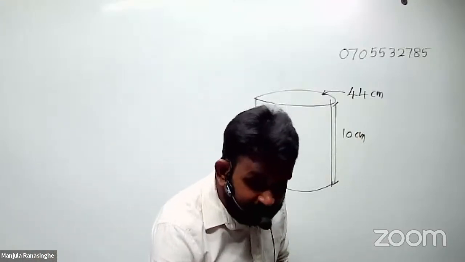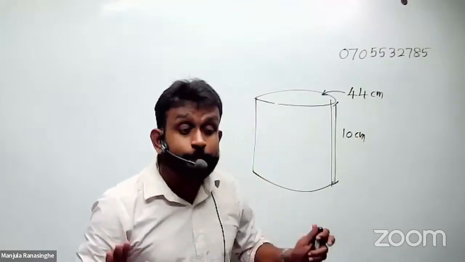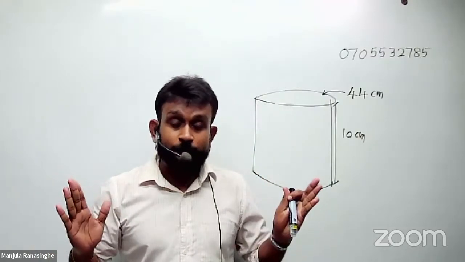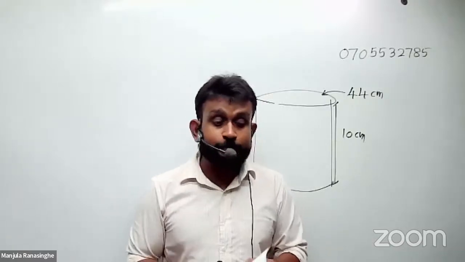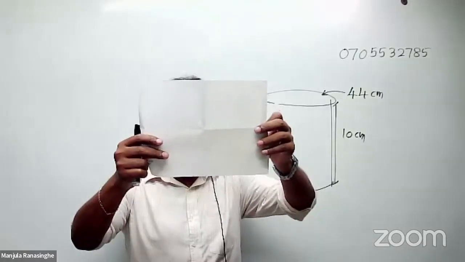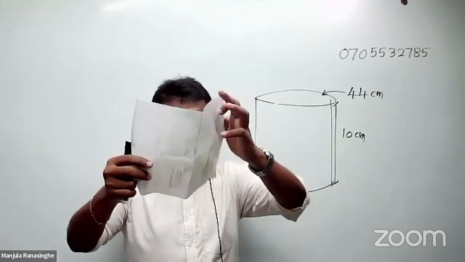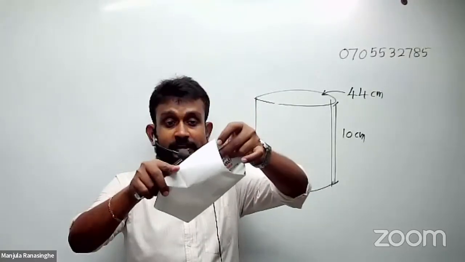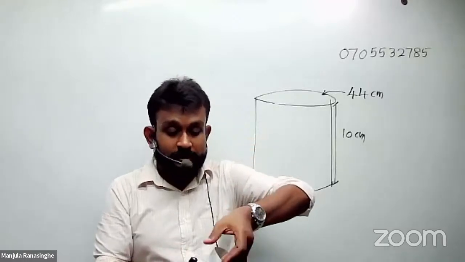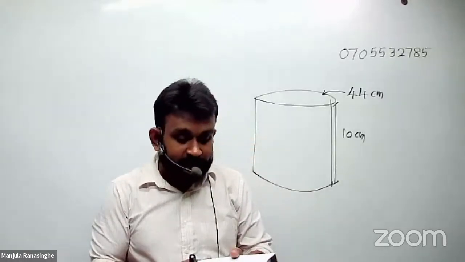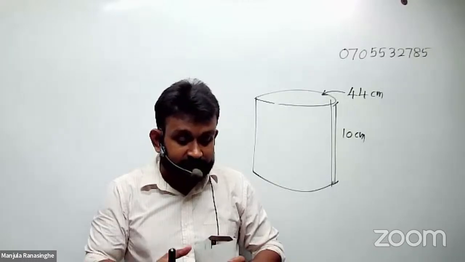Remember how the curved surface area of a right circular cylinder is born. If I take a rectangle paper, rotate it, and fold it in this way, I can see that it creates the curved surface of a cylinder.